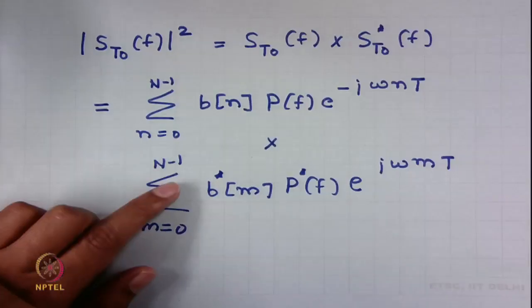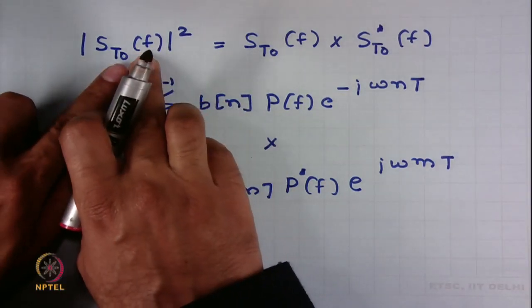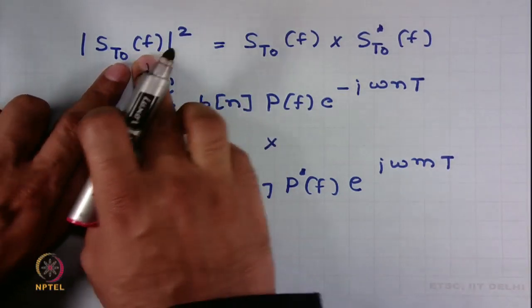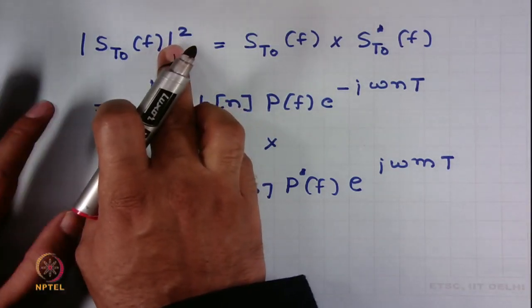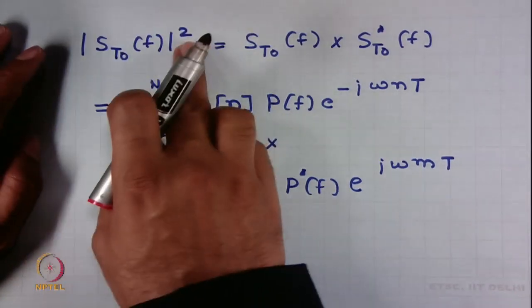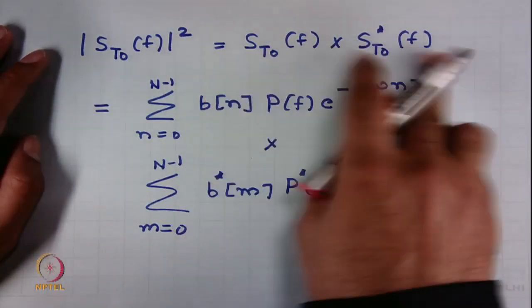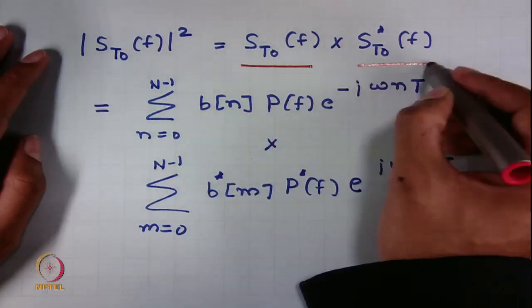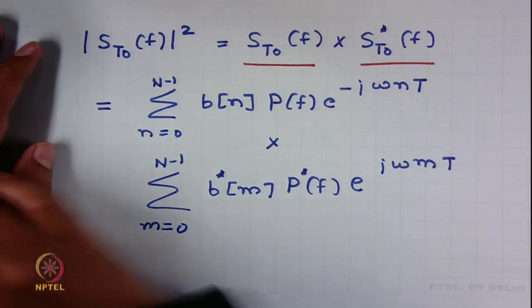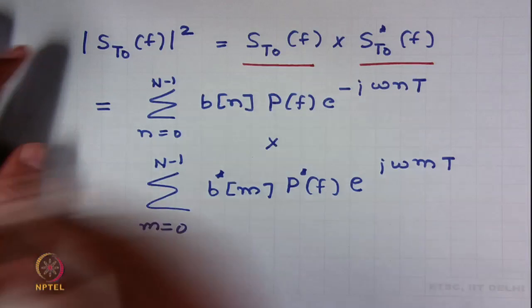Now, the task is to calculate the energy spectral density, which is the mod of the spectrum of S T naught of f, squared. Okay. And we have seen it several times that the best way to compute this quantity is to multiply it with its conjugate. So, here we have to multiply S T naught of f with its conjugate. Okay. So, that will give me the mod square of S T naught of f.